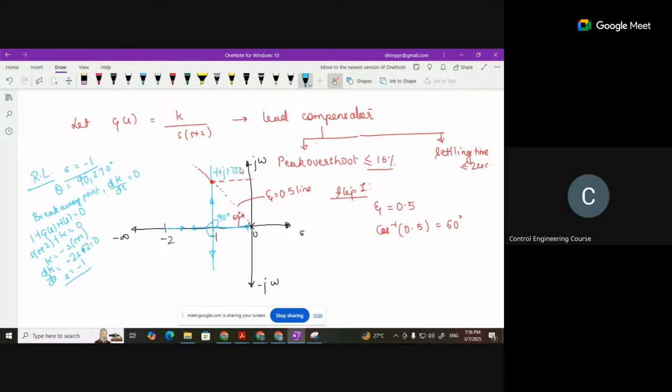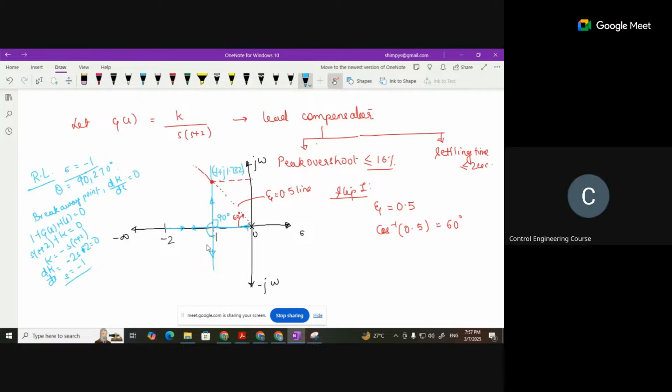Great. How have we calculated it? Tangent 60. Correct. Right. Here we can do it. Okay. So this is our value of s.